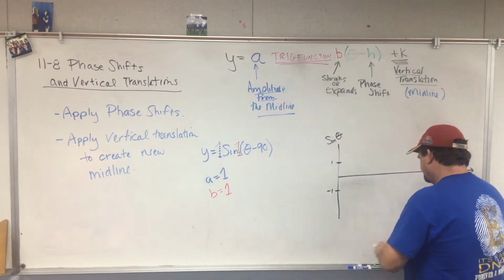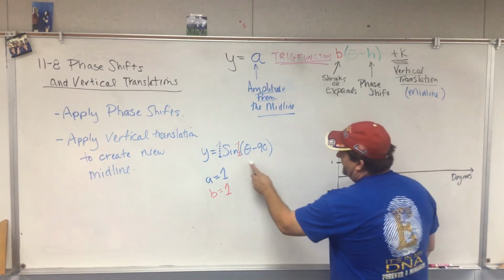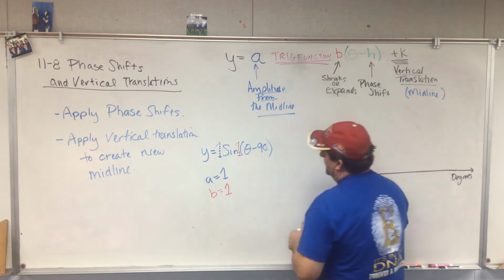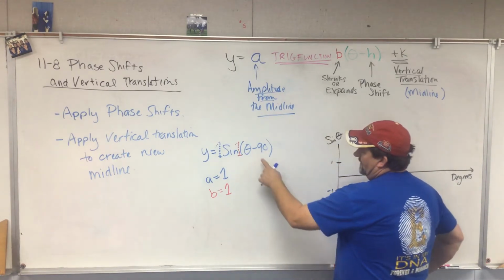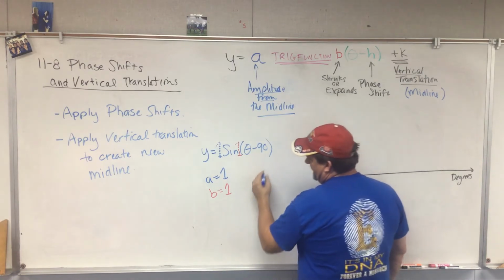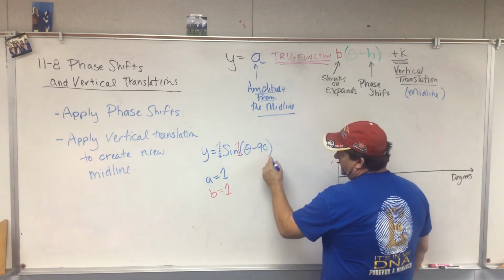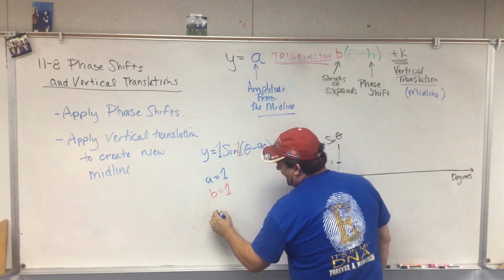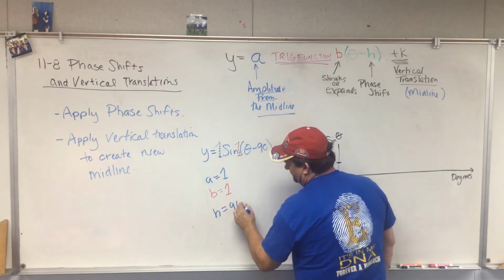And then we need to find our phase shift. Our phase shift is going to be 90 degrees. So if we look at this, our H is 90 degrees.